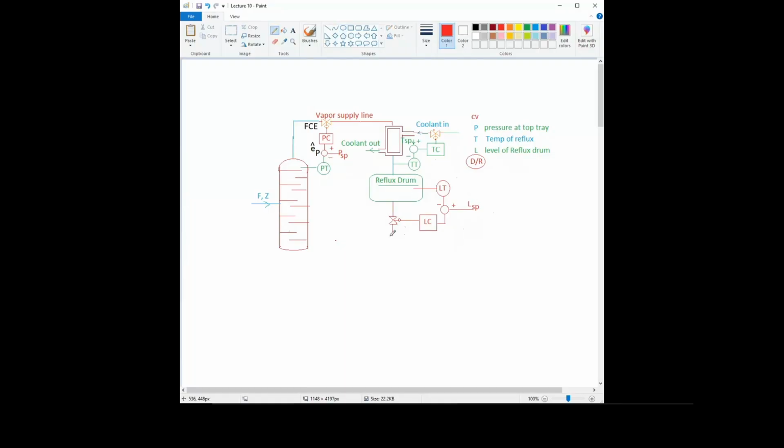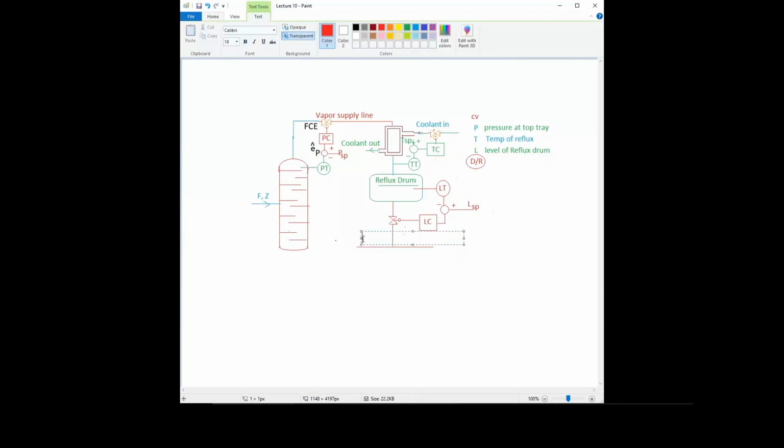So we will draw it. This side we have R. R is the flow rate of reflux which is being recycled, and D is the flow rate of distillate.